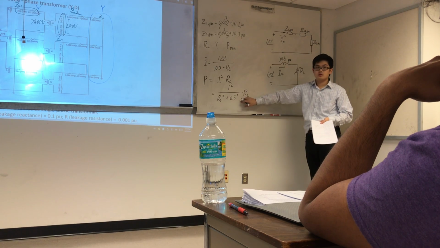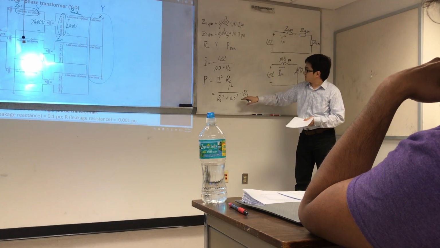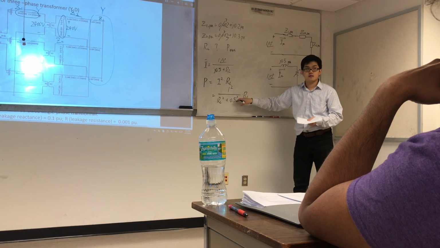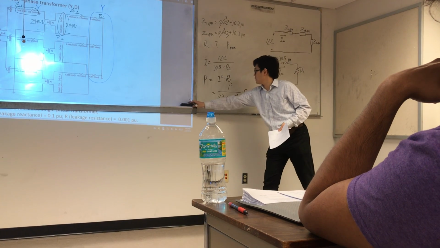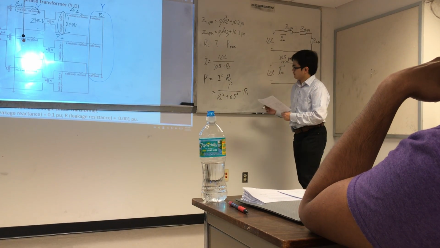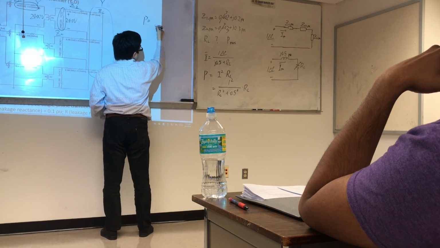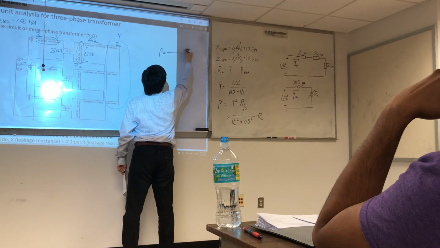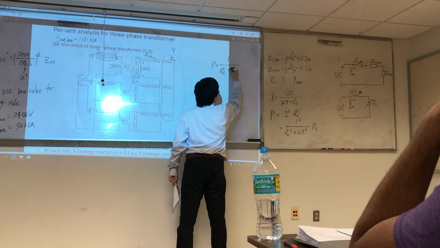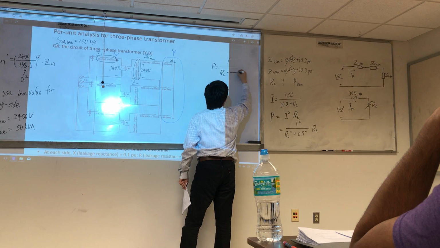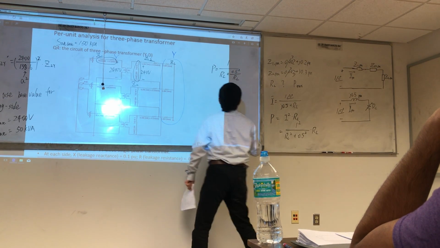This is your power. This form gives you the equation to find the maximum. Your power equals 1 divided by RL plus 0.5 squared divided by RL.